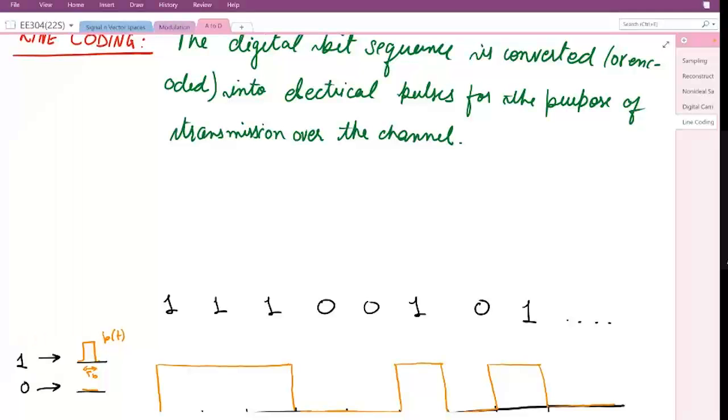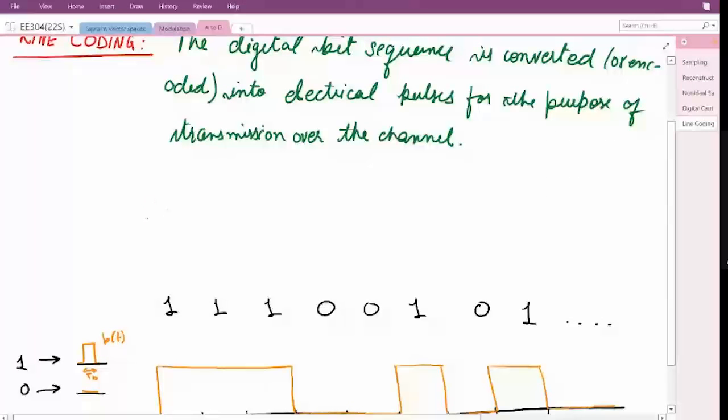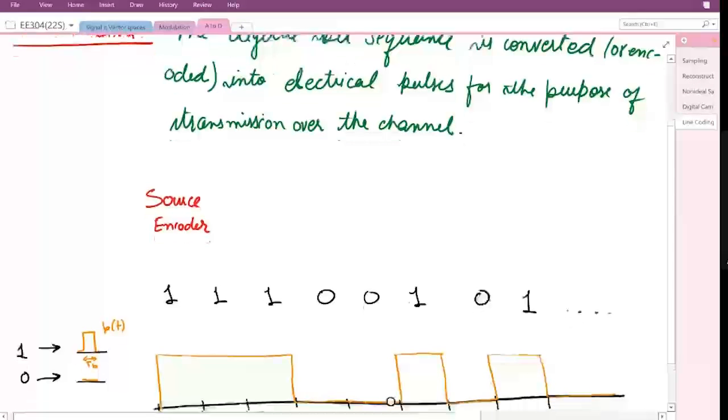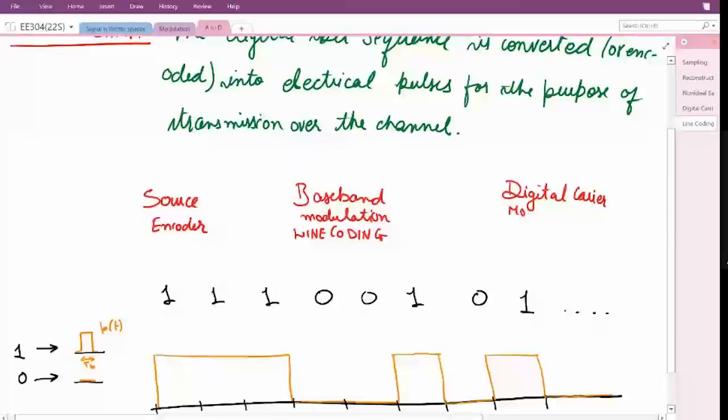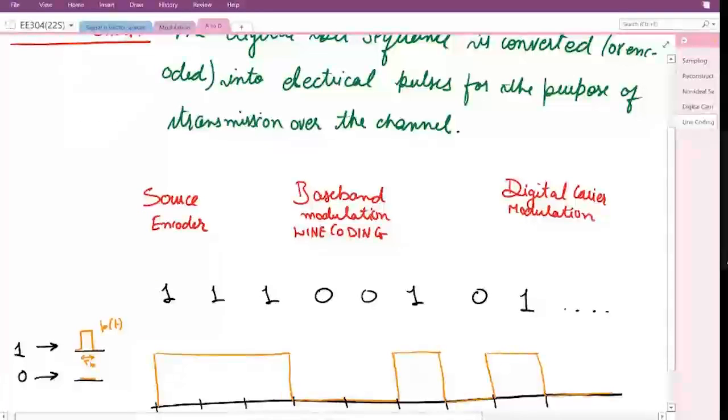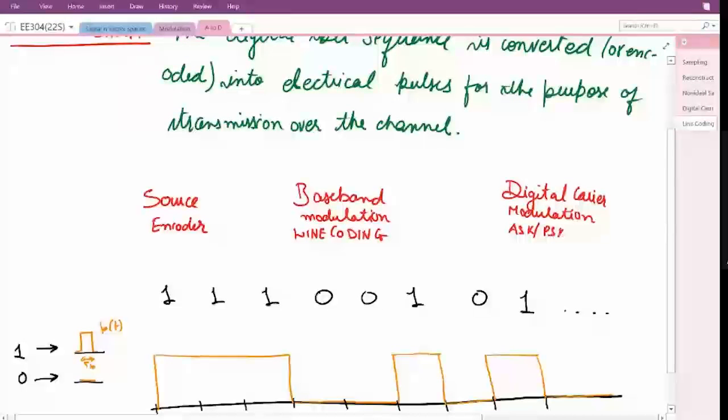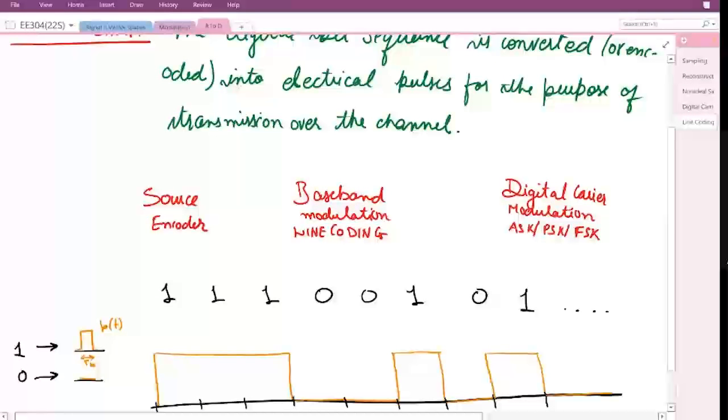So if this is the source encoder, then we have this baseband modulation, also called line coding, and then we have this digital carrier modulation, where we have studied ASK, PSK, FSK, like these.